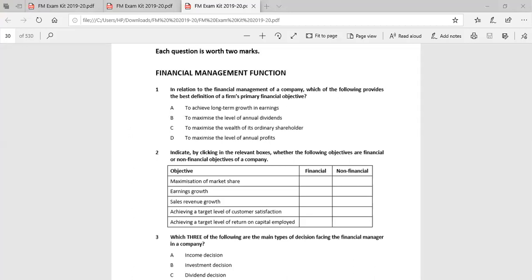See, we have the examination kit displayed on the screen. The rest of the time, instead of going to the next topic, the investment appraisal, let's go through a few questions from the examination kit.